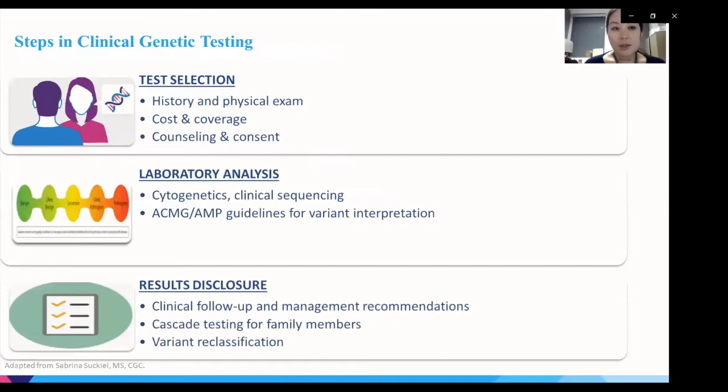So switching now to steps in clinical genetic testing. After we've obtained a history and exam, got someone's pedigree, we think about what type of test we want to get. And we always take into consideration cost of the test and insurance coverage for the patient.